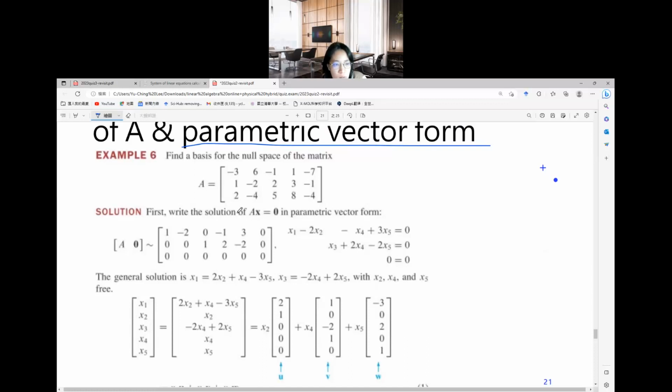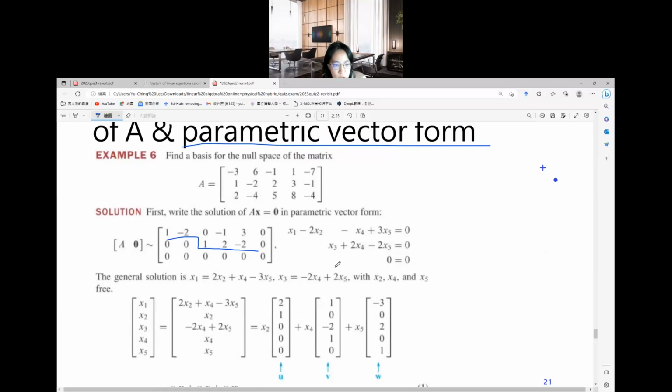So suppose we have a given matrix A, and after obtaining such a form, we can write it as simultaneous equations.